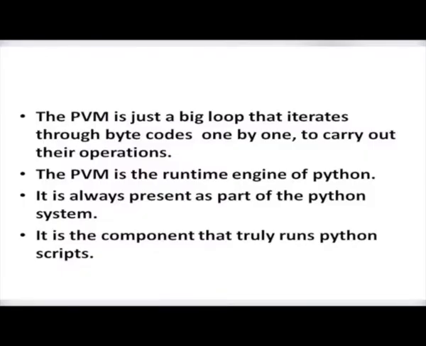It need not be installed by itself. Actually, PVM is just a big loop that iterates through bytecodes one by one to carry out their operations. The PVM is the runtime engine of Python. It is always present as part of the Python system. It is the component that truly runs Python scripts.